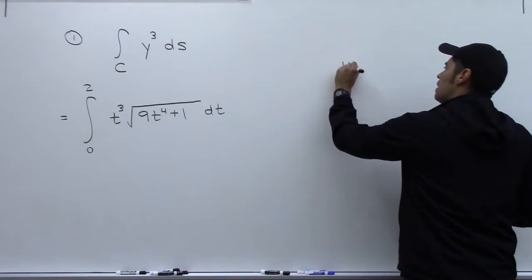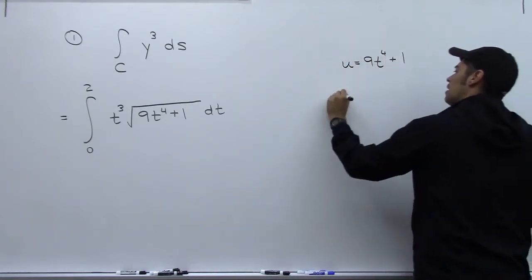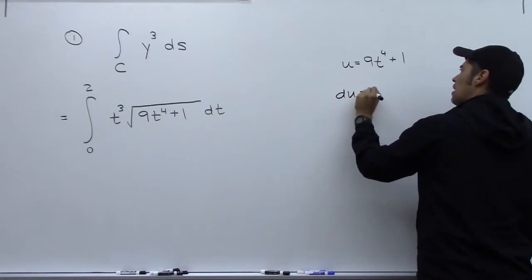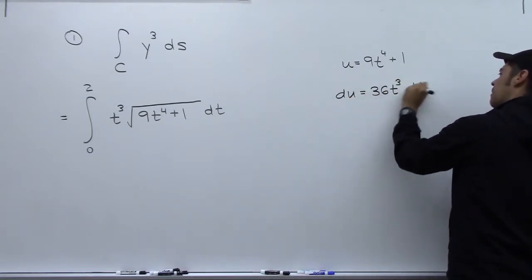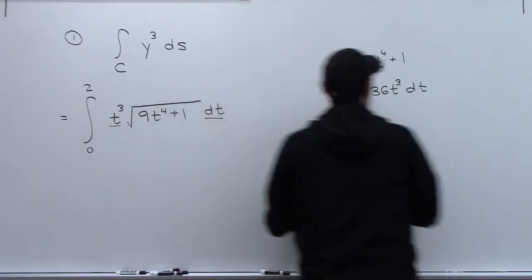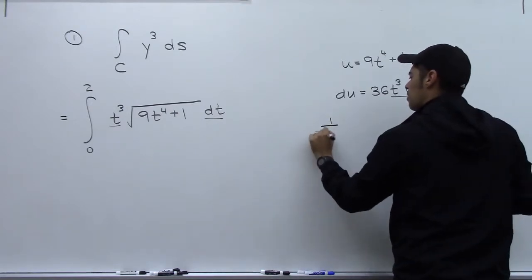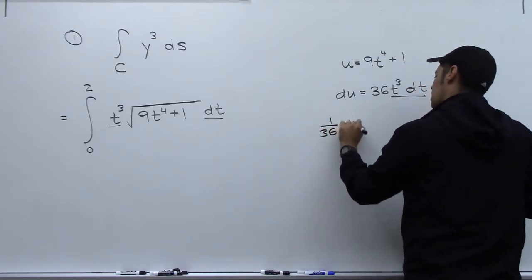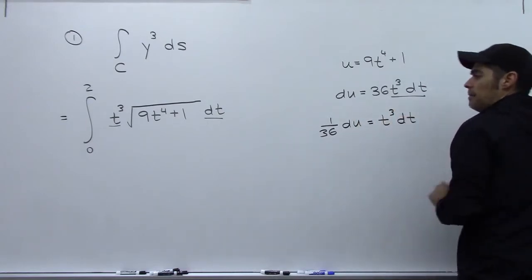If I let u be equal to 9t to the 4th plus 1, the derivative is going to be 36t cubed dt. I have a t cubed dt, so I'm going to divide both sides by 36, so 1/36 du is equal to t cubed dt.